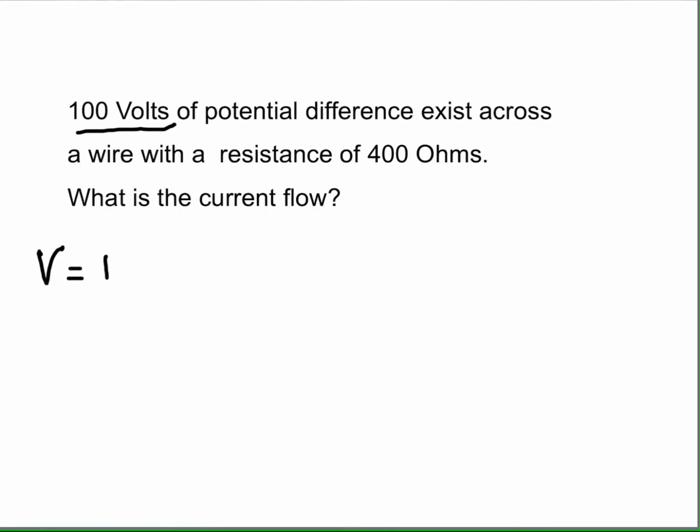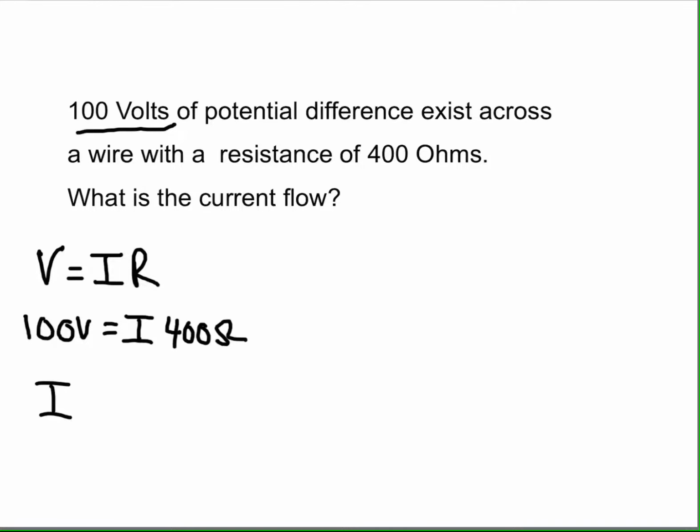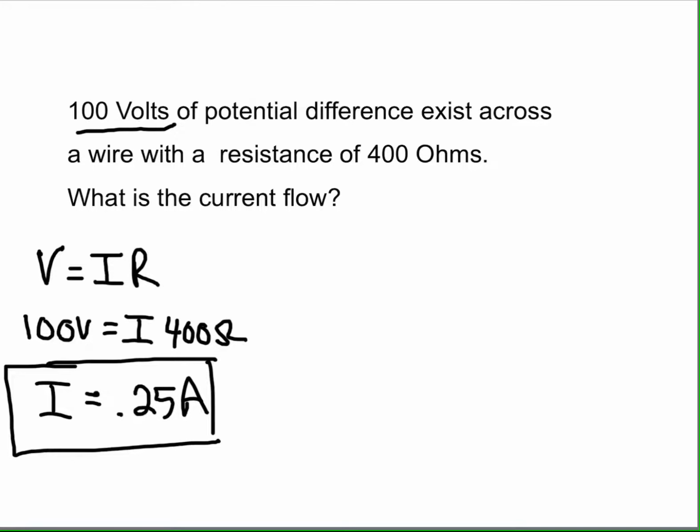We know V and we know R, so we're going to do this. 100 volts, looking for I, 400 ohms. And I, do the algebra real quick, is going to be 0.25 amps. So, a pretty straightforward application of Ohm's law.